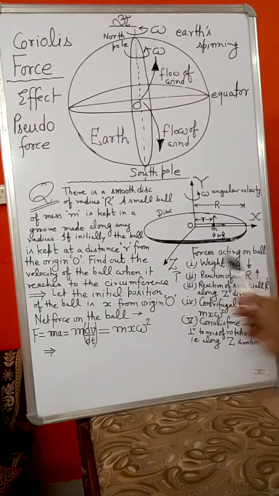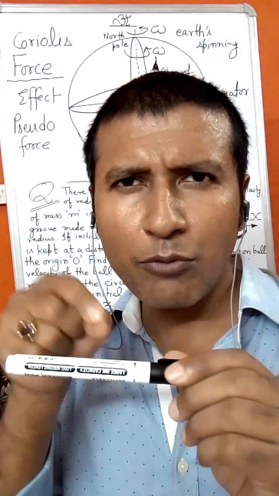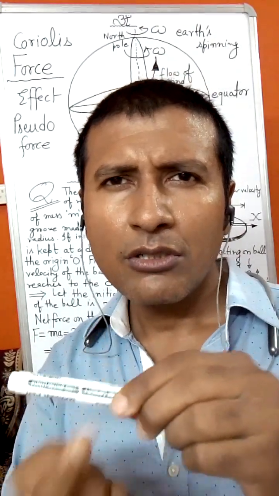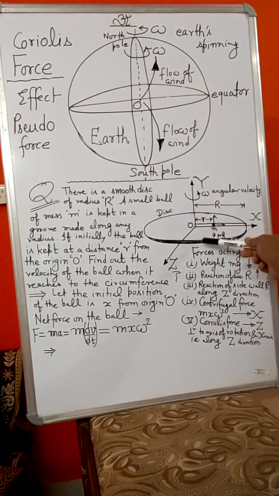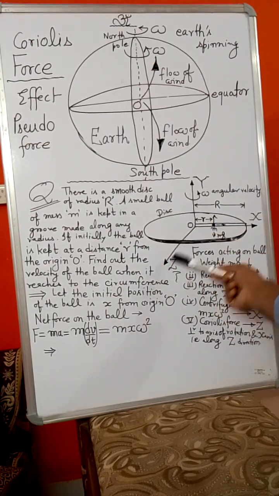Then the reaction of the side walls: if the groove is there and the ball is inside and moving, there will be a reaction force of the side walls, which will be parallel to the z axis. The reaction of the surface is perpendicular to the surface of the disc, parallel to the y-axis, but the reaction of the side walls will be parallel to the z-axis.